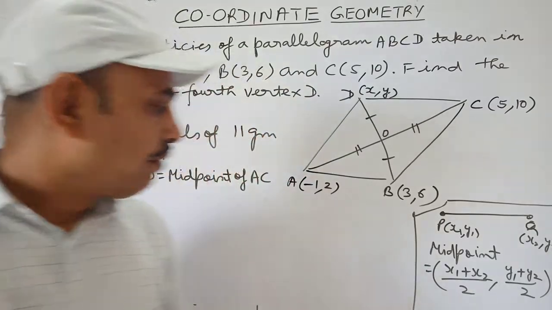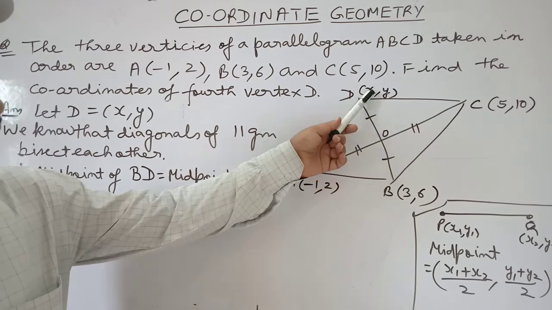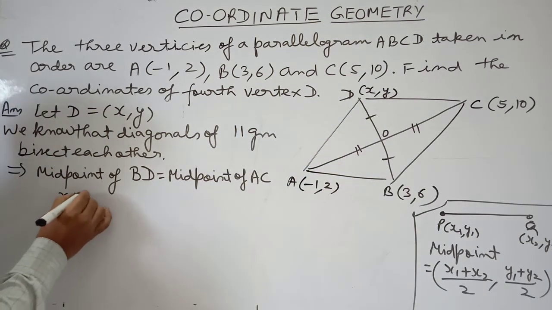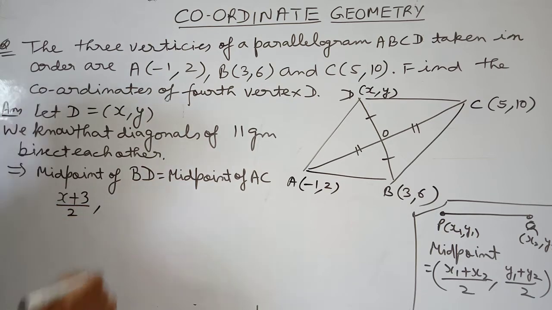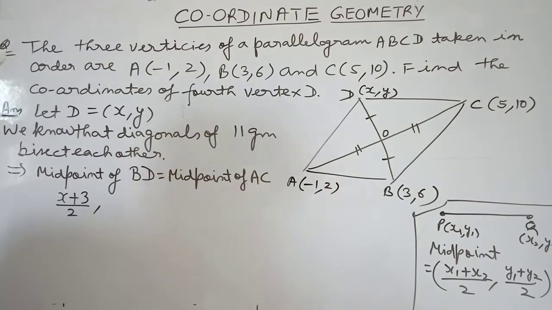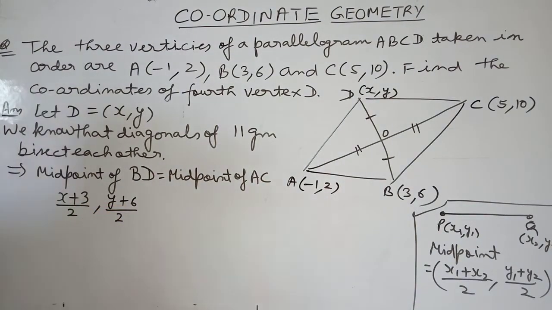Simple. So midpoint of BD is x plus 3 upon 2, comma y plus 6 upon 2.